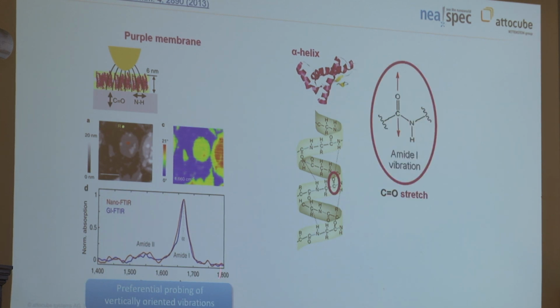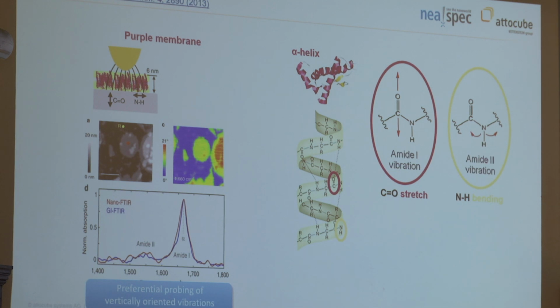And the explanation of what's going on is, in this membrane, we have a protein which is going through the membrane, so it's very well oriented and perpendicular to the surface. And there's a CO double bond here, that is the amide 1 band, oscillating in this direction, so it's vertical, we can probe it.